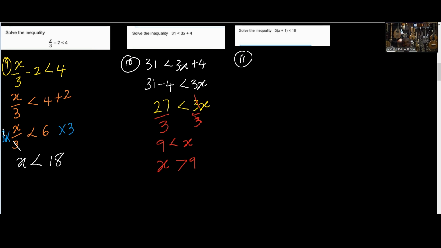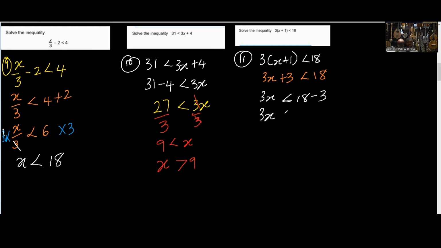Then number 11, we have 3 into the bracket of x plus 1 less than 18. The first thing to do here is to open the bracket. That's 3x plus 3 less than 18. Then you move the 3 to meet the 18. It becomes a negative 3, and you have 3x less than 18 minus 3.